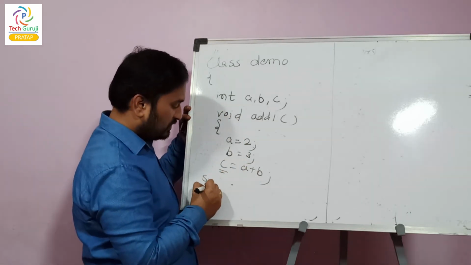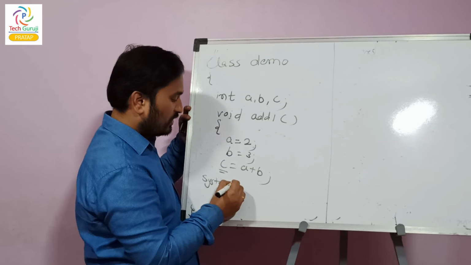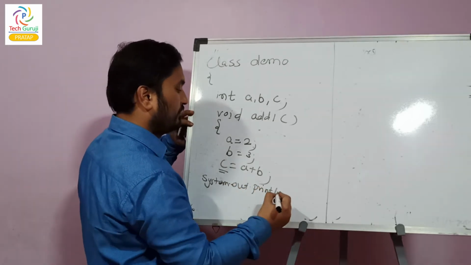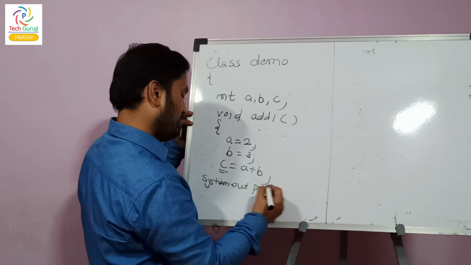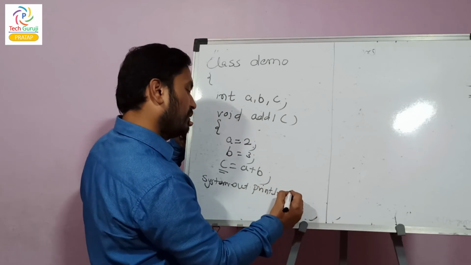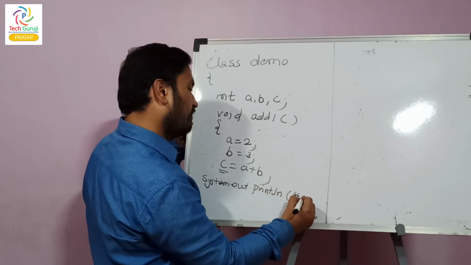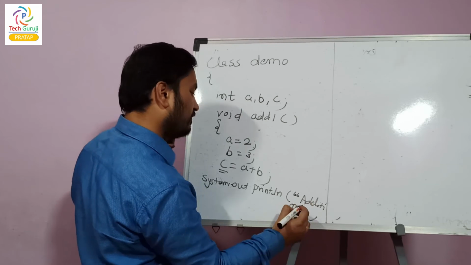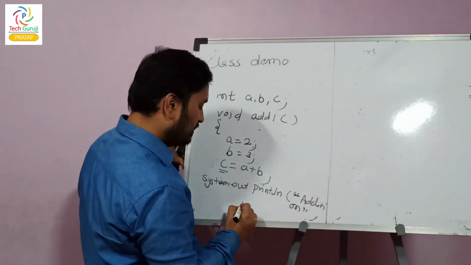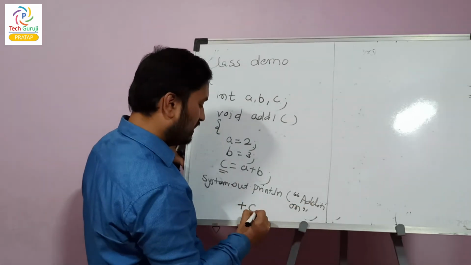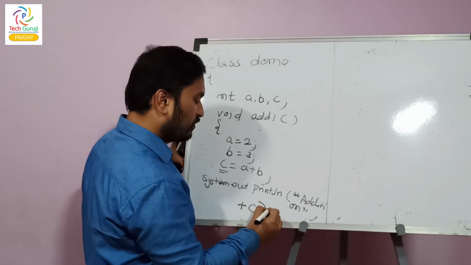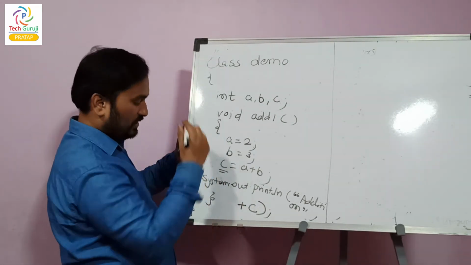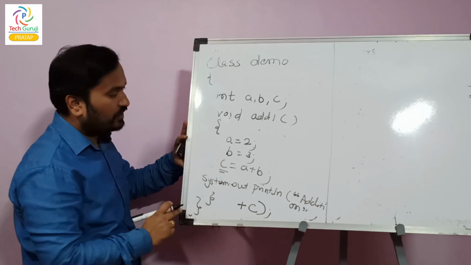So we use System.out.println, and within this we have one string, addition, plus the value of c, plus c, round bracket close, semicolon. Here our method closes, and here our class closes.